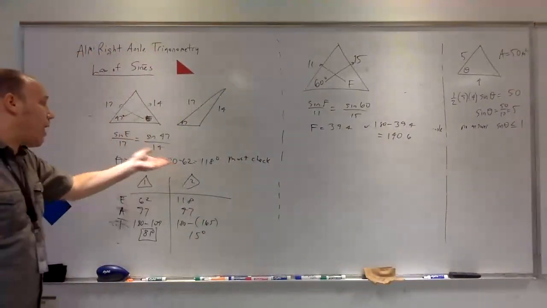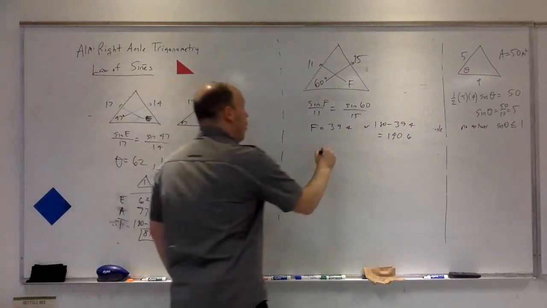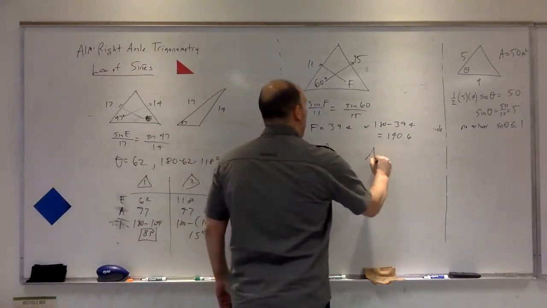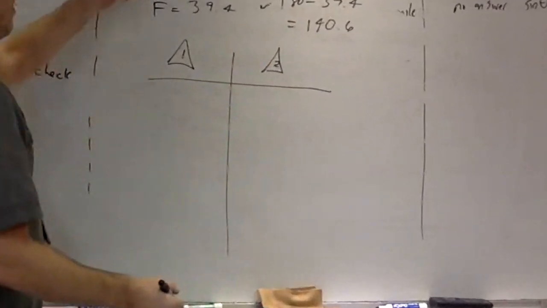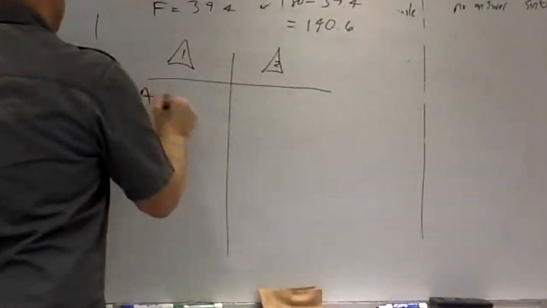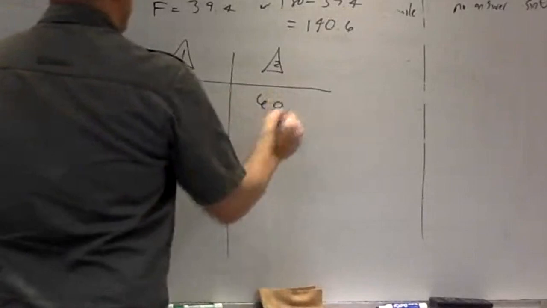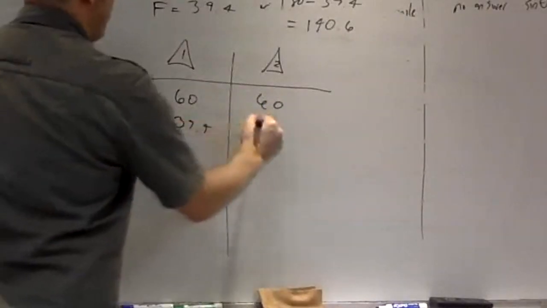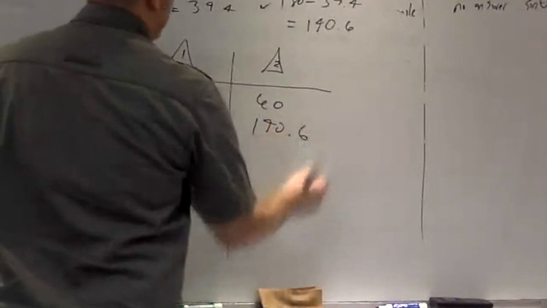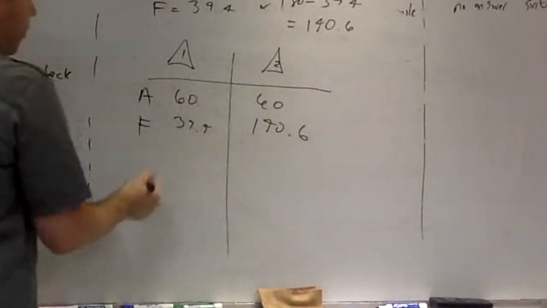And then you say, let me see if these two triangles work, because in the last problem, I had two triangles that worked. So we have triangle 1 and triangle 2. First let's call this A, so this is 60. Let's call this next angle F, 39.4, and 140.6.